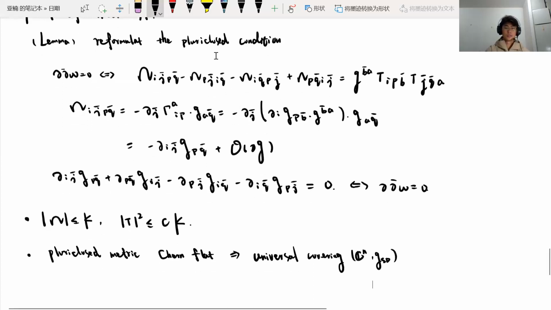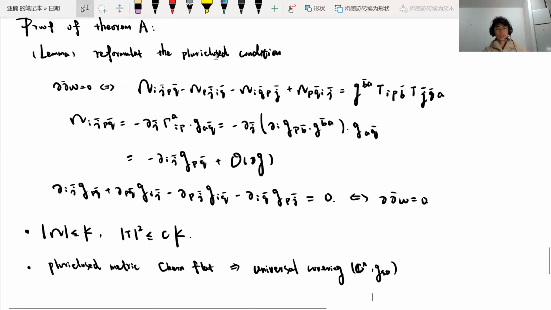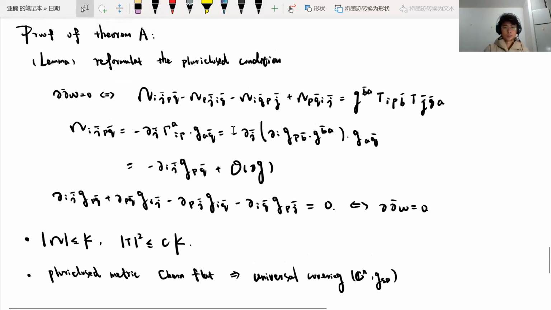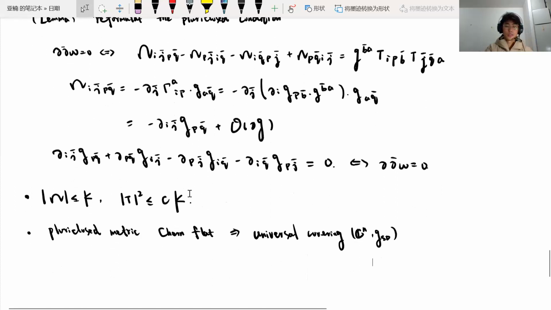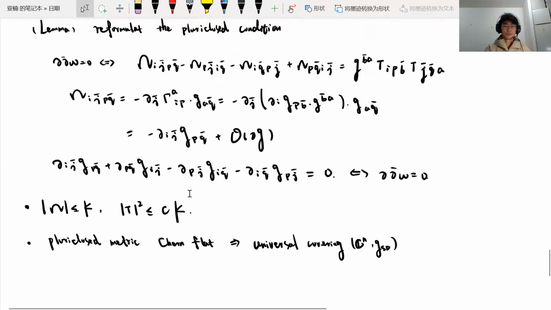So Chern flat is not a very good condition in our setting for Flerick's metric. Bismut connection, Bismut flat is more natural. And actually we have a non-Kähler Bismut flat example.